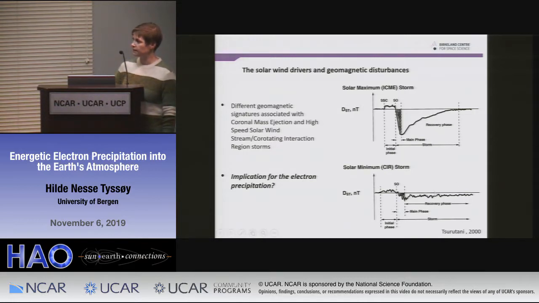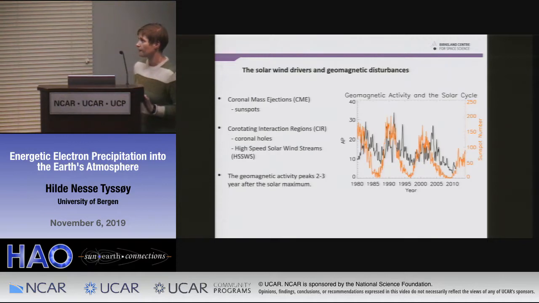That intuitively makes it a little bit difficult to estimate the particles based on a geomagnetic index. And they're not equally distributed throughout the solar cycle. We know that CMEs are associated with sunspots, which makes them follow the sunspot number to a closer degree.